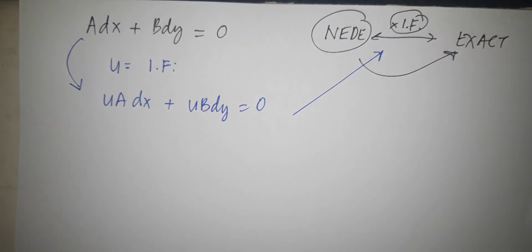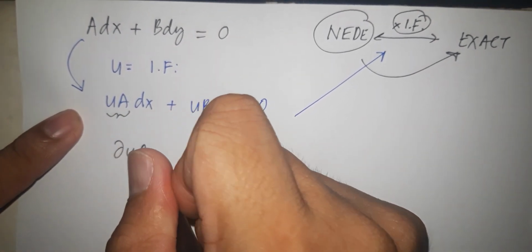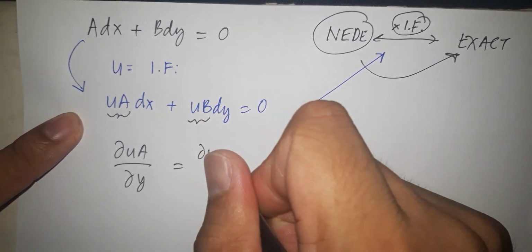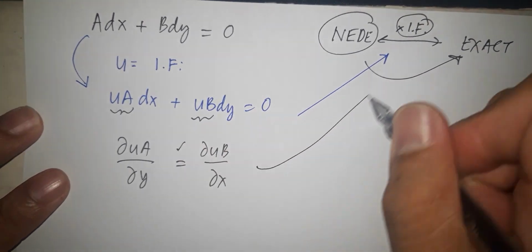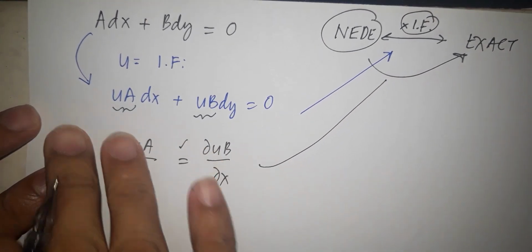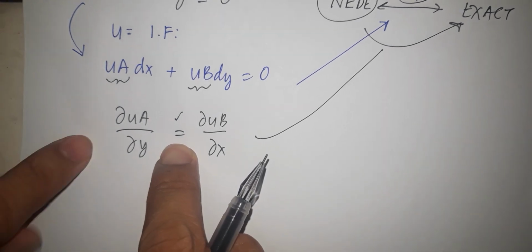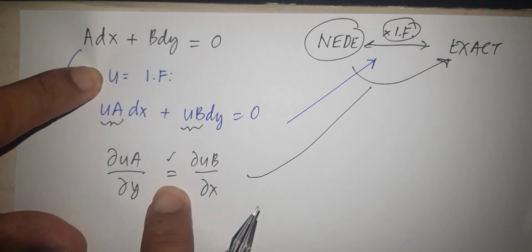If so, dapat ang partial derivative ni uA with respect to y is equal to partial derivative ni uB with respect to x. Because that's the only way for us to know whether our given differential equation is exact or not. If this has been satisfied, therefore, this is exact. At yun ang aim ni integrating factor.